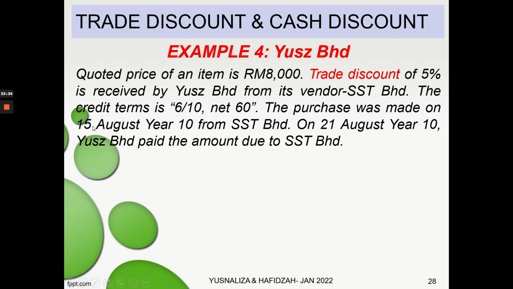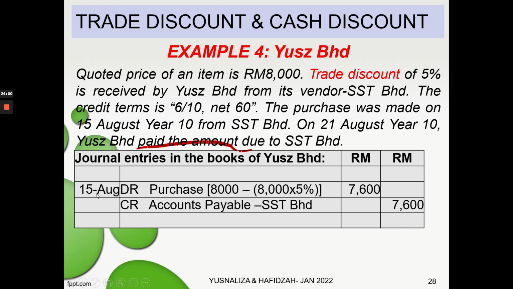The purchase was made on 15th of August, year 10, from SST Bhd. And on 21st of August, year 10, you paid the amount due. You are informed you paid the amount due, so without further detail, you assume you've paid the full amount due.